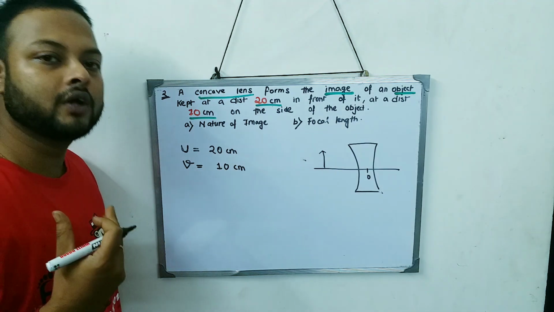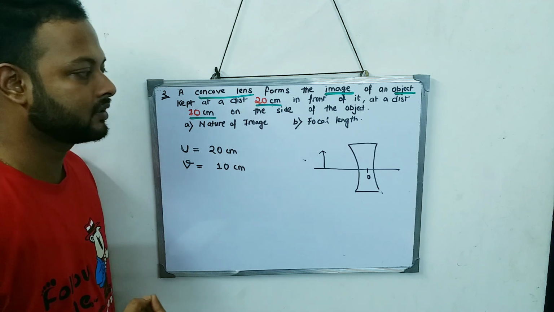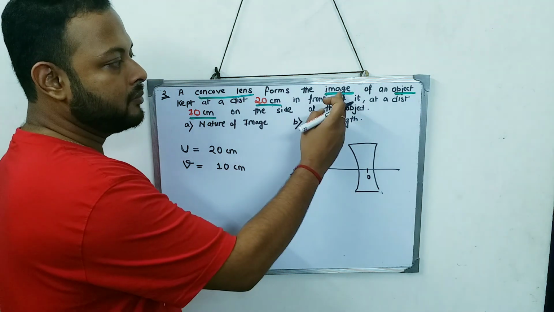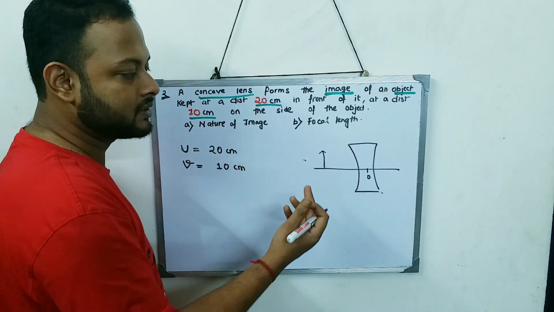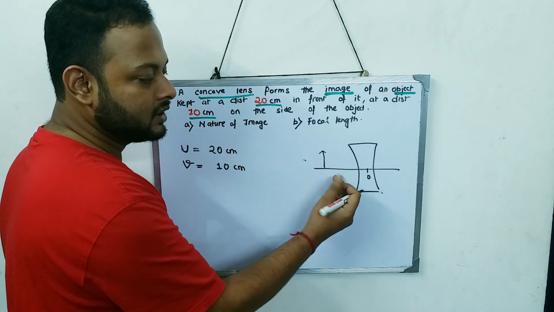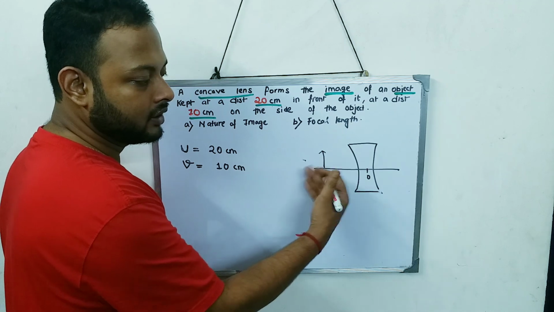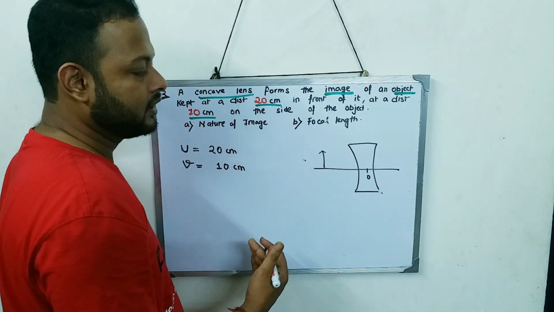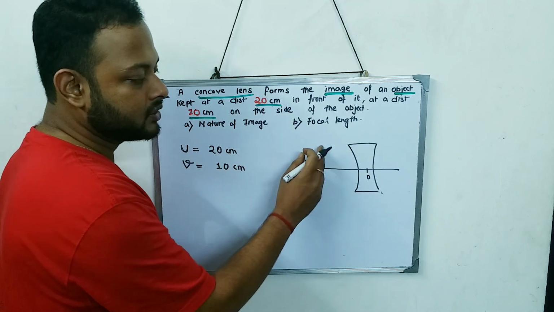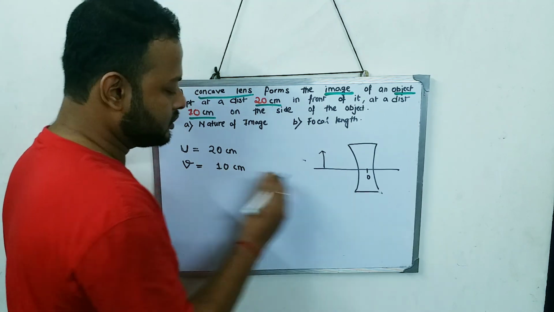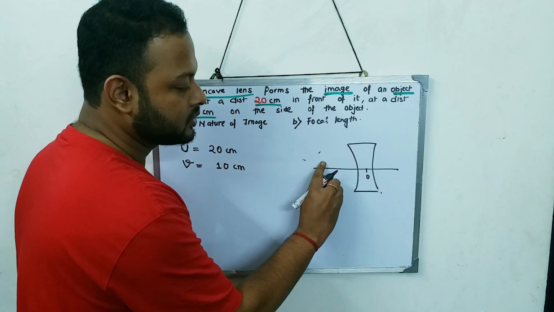But after this you have to specify certain things a little. As you know, the image is on the side of the object. The image is on the same side. So it means the image is on this left hand side only, in front of the lens. But you see it is 10 centimeter. So suppose this is my object which is kept at a distance of 20 centimeter. Suppose this is my object.